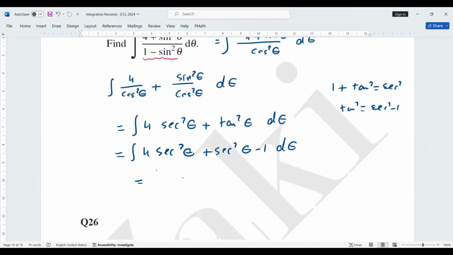So it is integration of 5 sec squared theta minus 1 d theta. Integration of sec squared is tan. So it's 5 tan theta minus theta plus constant. Okay, Shabab? I hope you understand this way.